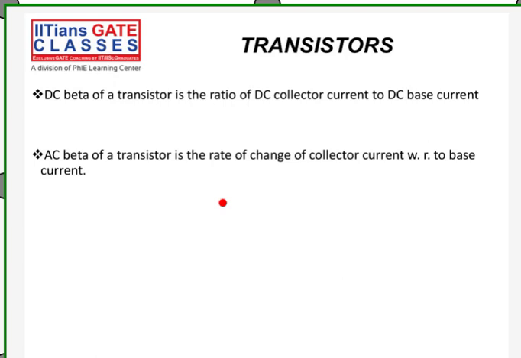That is the DC beta of a transistor. It is the ratio of DC collector current to the DC base current. Or I can write beta DC is equal to IC divided by IB, the collector current to the base current in the DC case.